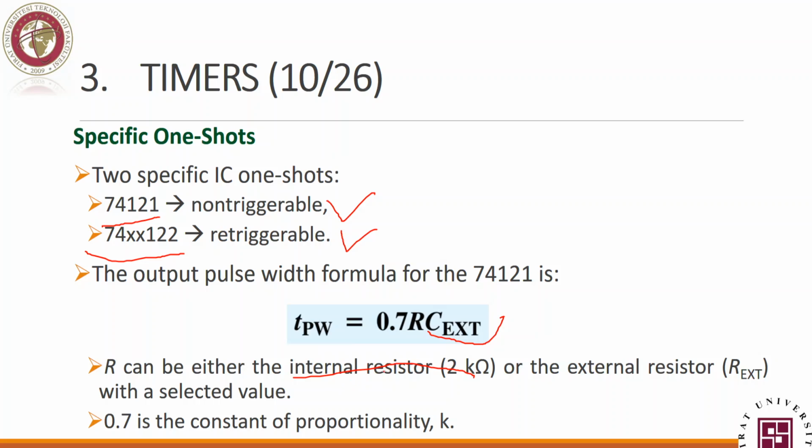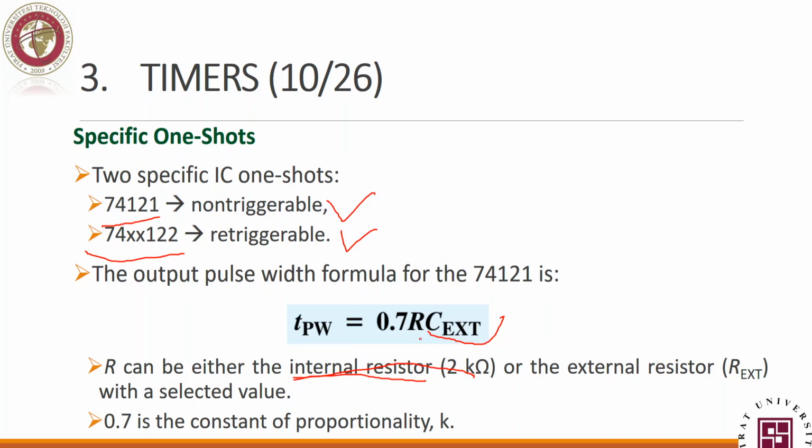So let's say we ask you a question like this: what is the pulse width of a 7422 one-shot timer, where the external capacitor is given as, let's say, 0.1 microfarad, and R is an internal resistor.